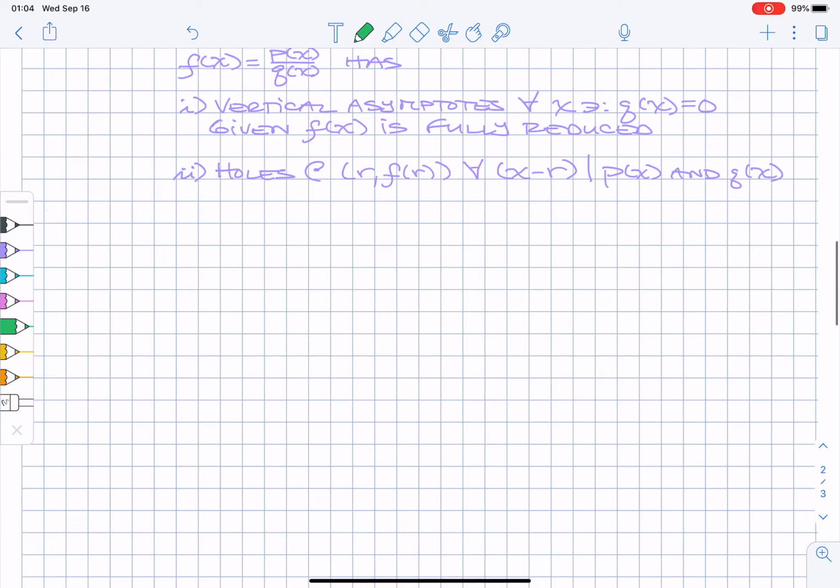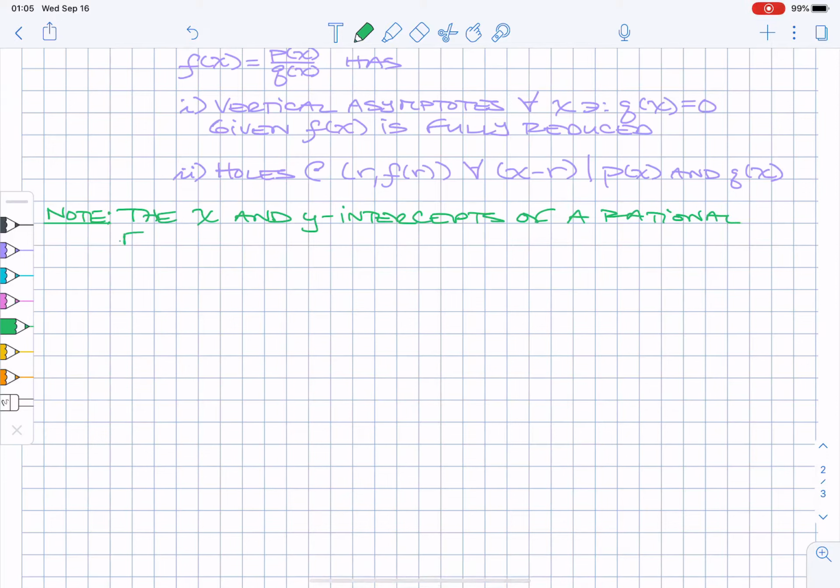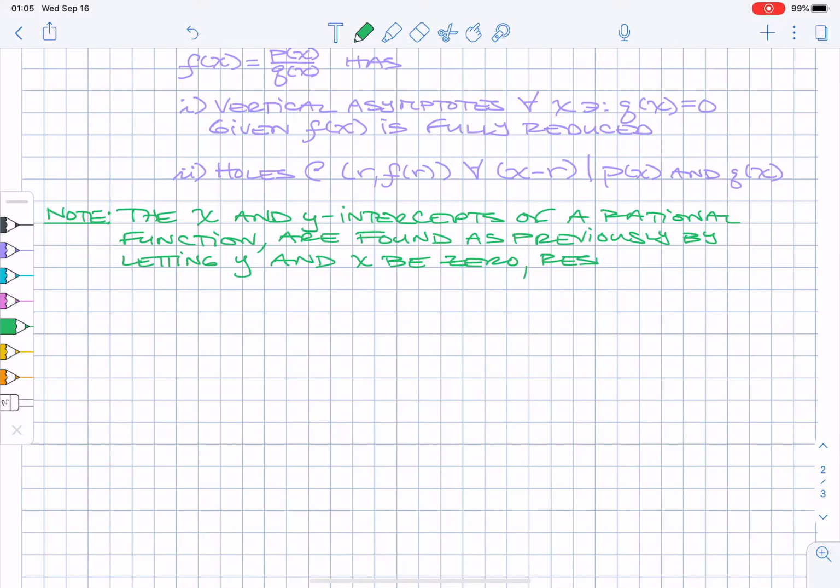So note, the x and y intercepts of a rational function are found as previously by letting y and x be 0 respectively. Okay, so now let's do our example.